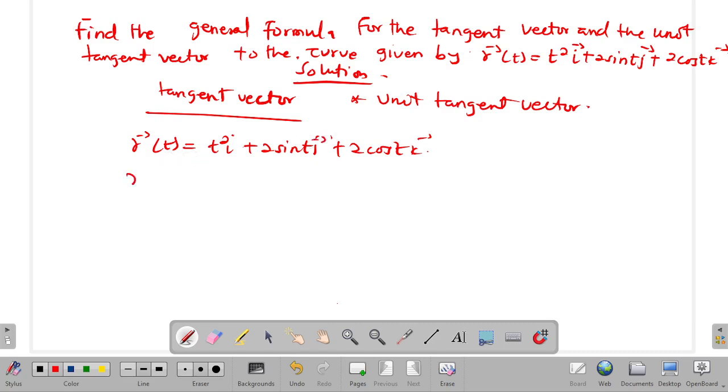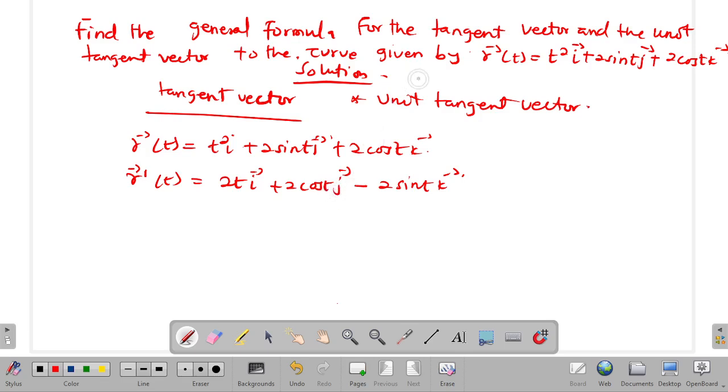So what you do is you find r prime of t. You get 2t i, plus 2 cos t j, minus 2 sin t k. Once you do this, you have your tangent vector.